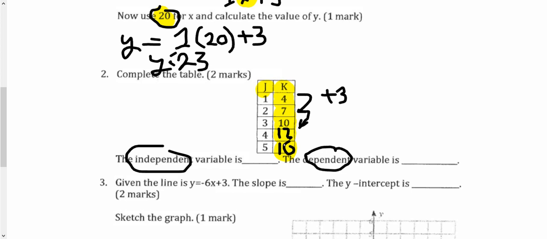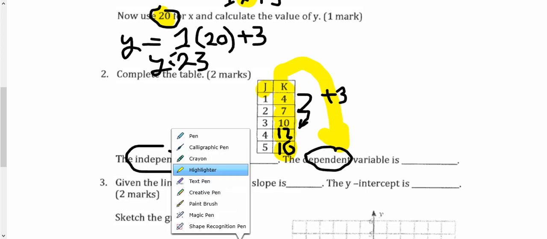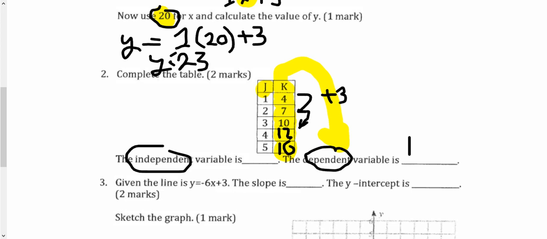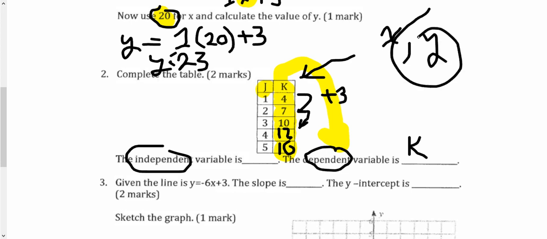So the dependent variable is K, and if you think of it as x, y, it's always on the y side. And so this one would be J, the independent variable.